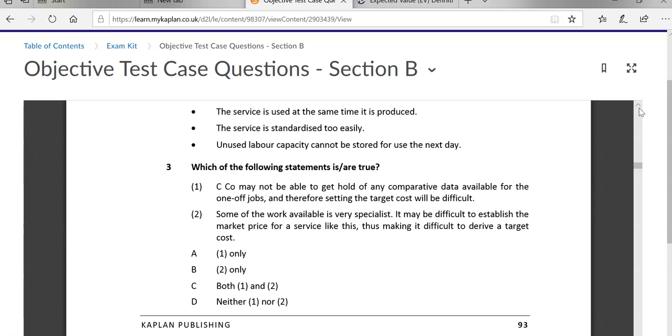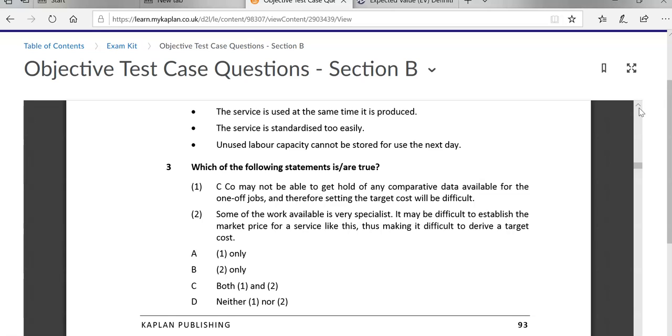It's saying that Co may not be able to get hold of comparable data available for the one-off jobs, and therefore setting the target costing will be difficult. Well, that makes sense. These are one-off jobs that are unique to what you do. You don't do them all the time, so that might be difficult to find. Some of the work available is specialist. It may be difficult to establish the market price for a service like this.